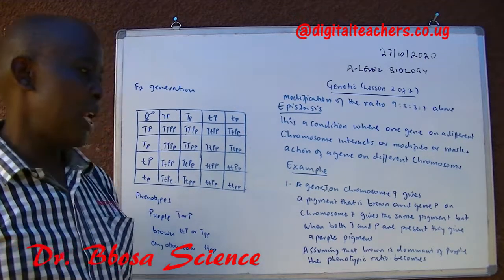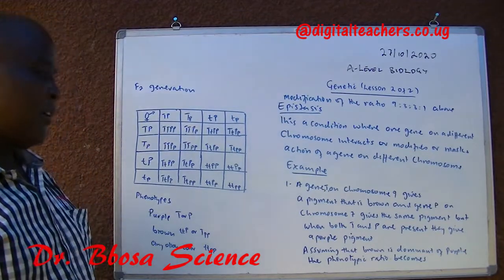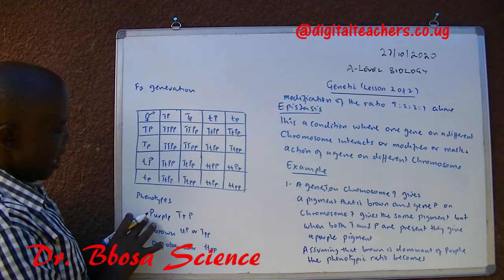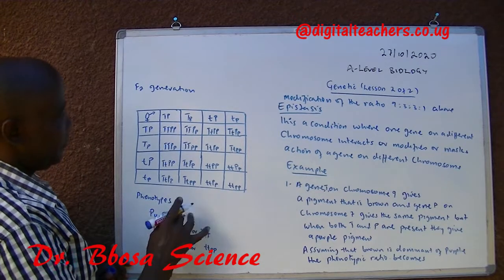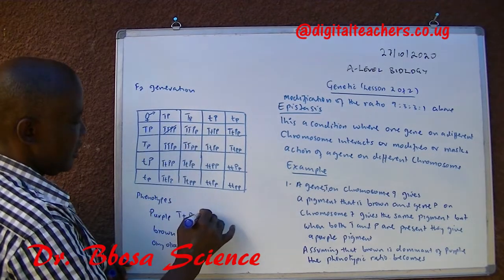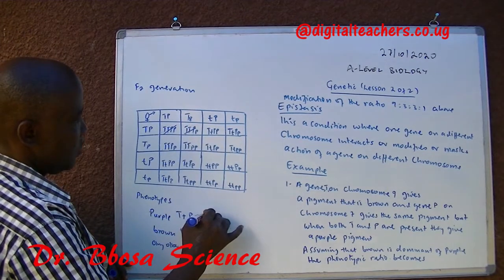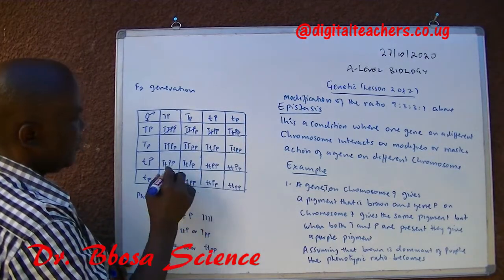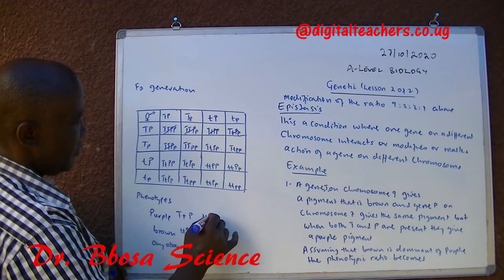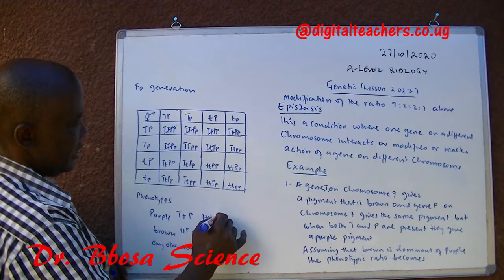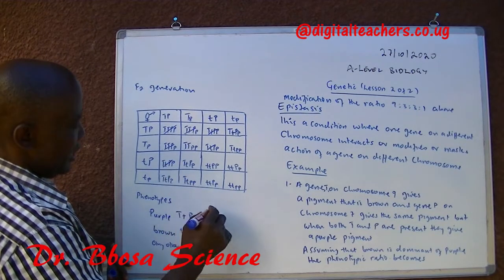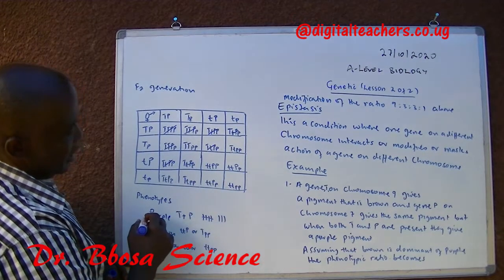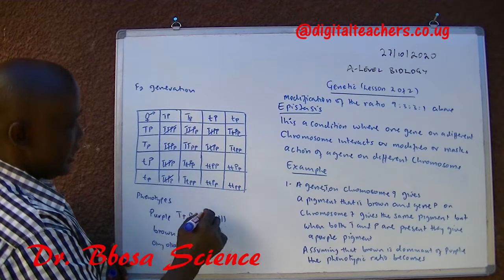Assuming that brown is dominant over purple, the phenotypic ratio becomes, so when you fill up a Punnett square, to have a purple color you have both T and P. So purple: P and T, 1, 2, 3, 4, 5, 6, 7, 8, 9.